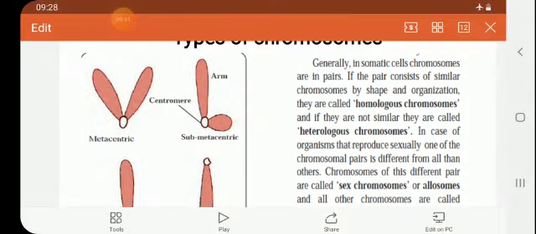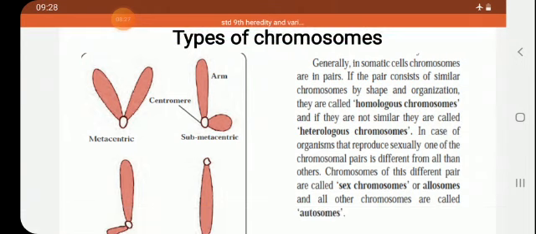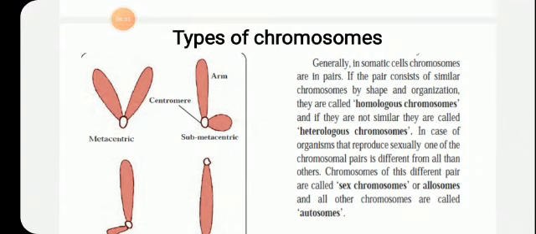Somatic cells are those which are not showing the sexual characteristics. So in somatic cells, the chromosomes are in pairs, and these are called homologous chromosomes.